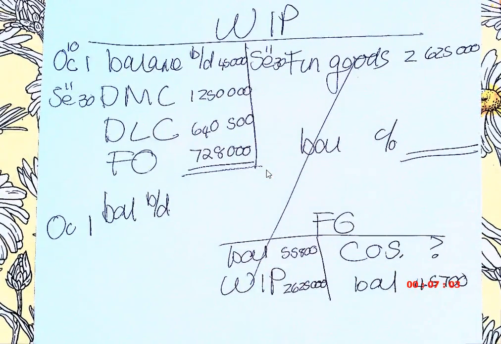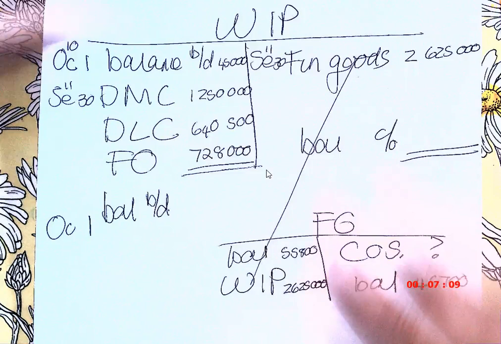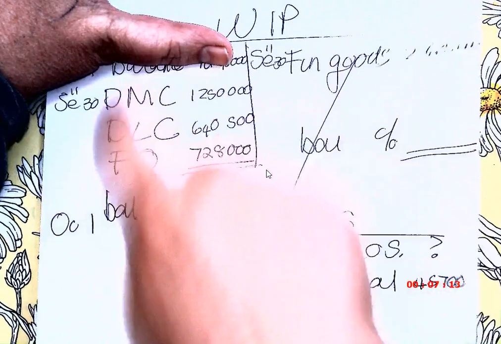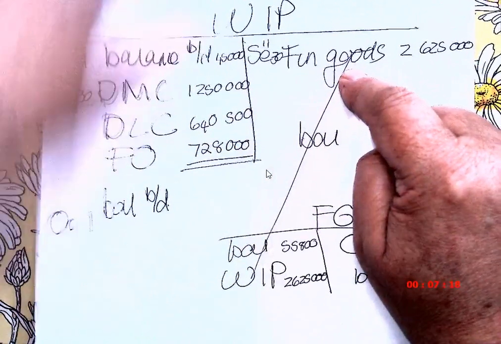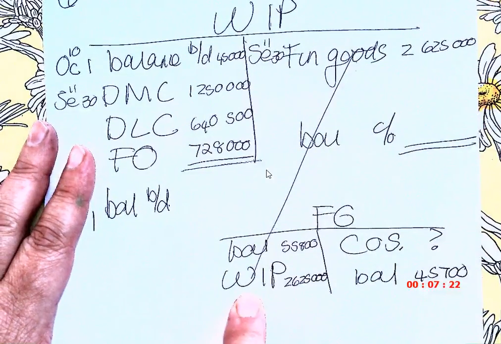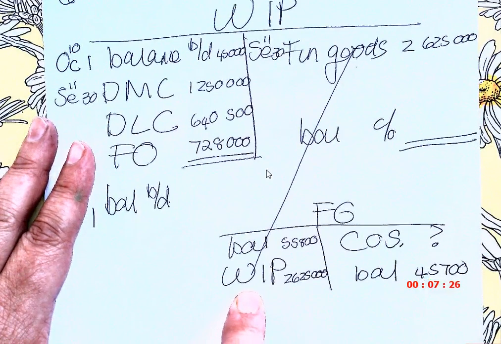I need material, labor, and other expenses. And remember, this tells me the cost of making these goods. And when these goods are done being made, they go to the place where they can be sold. They are now done and ready to go to the shops.